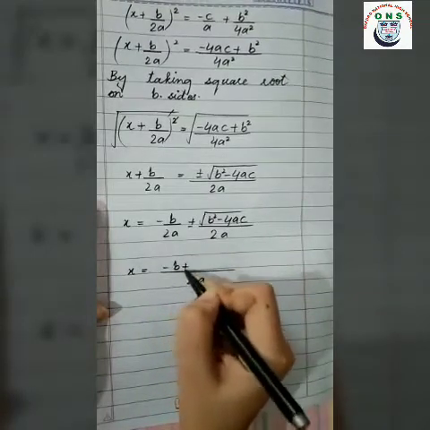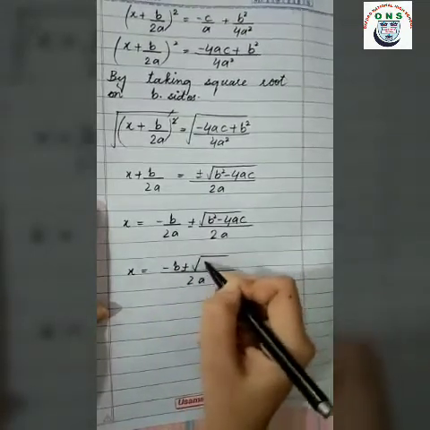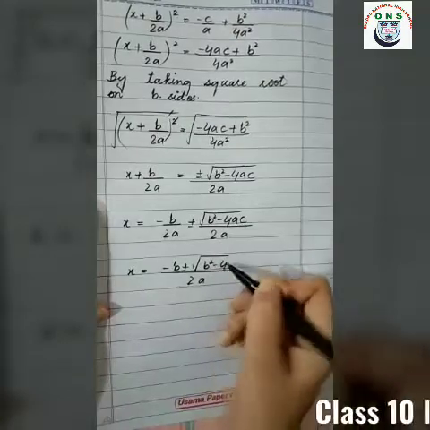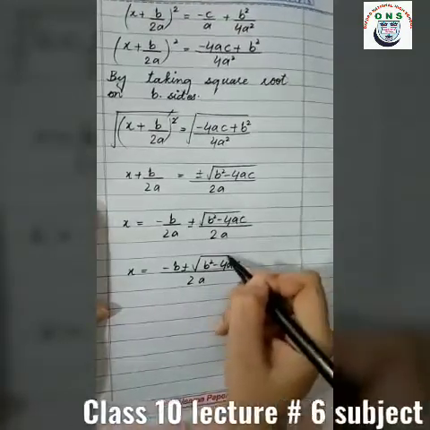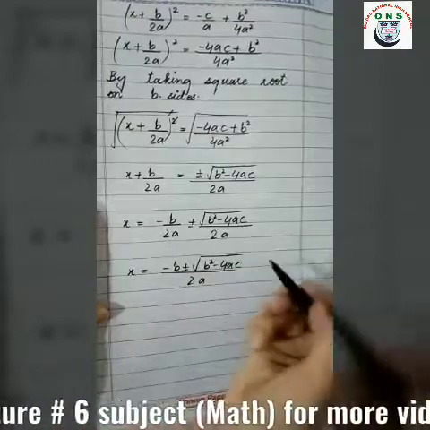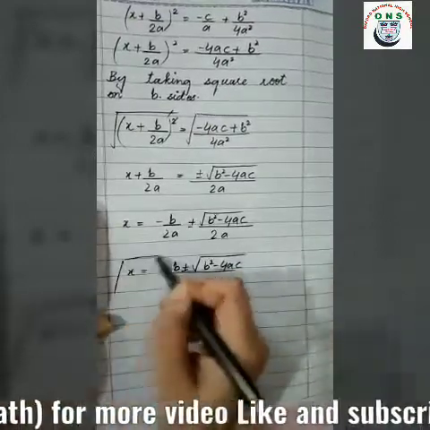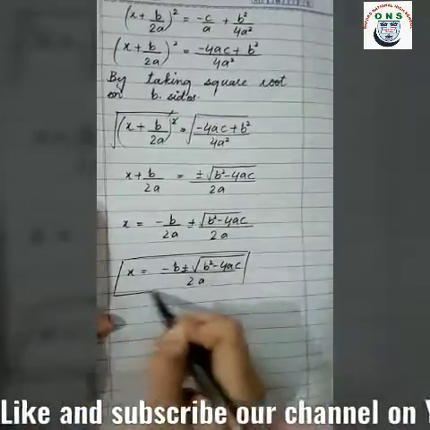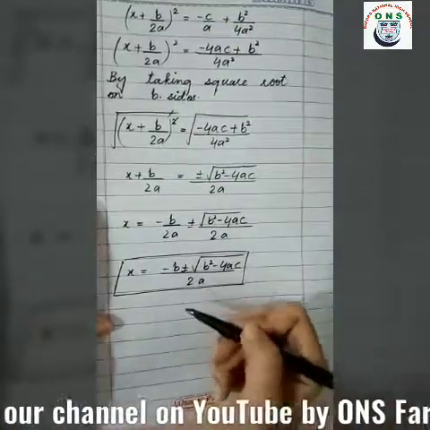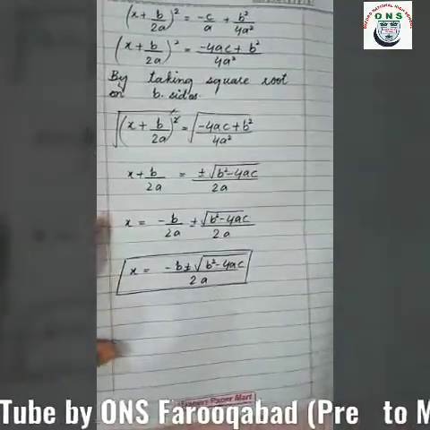Minus b plus minus square root of b square minus 4ac, over 2a. So students, this is our quadratic formula. This is the proof of the quadratic formula.